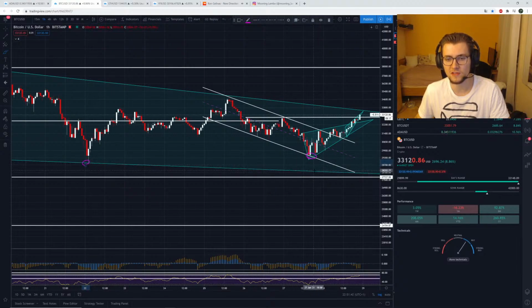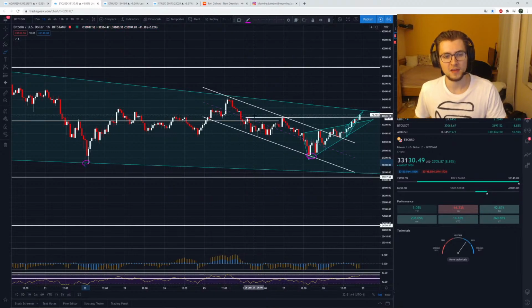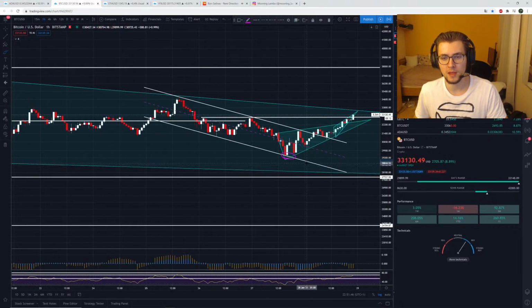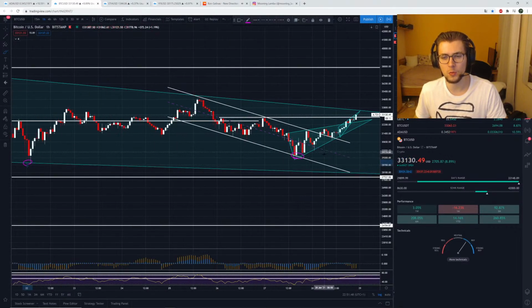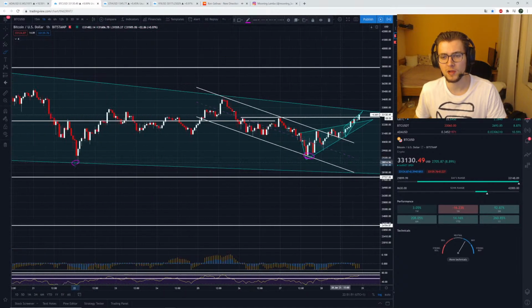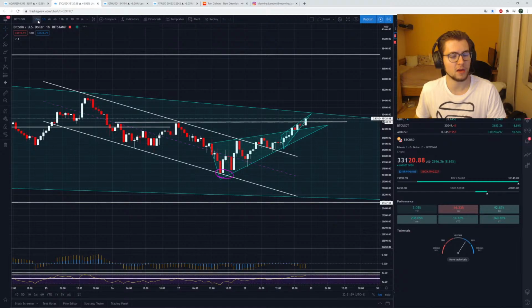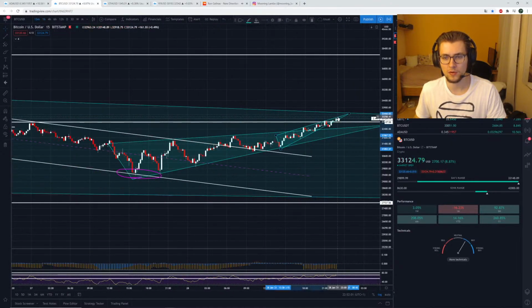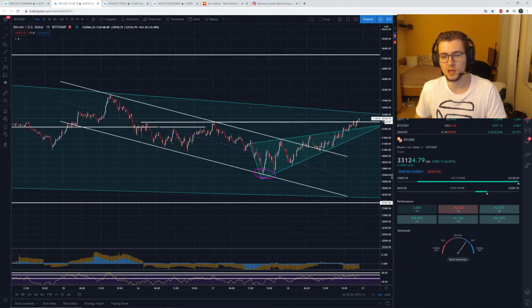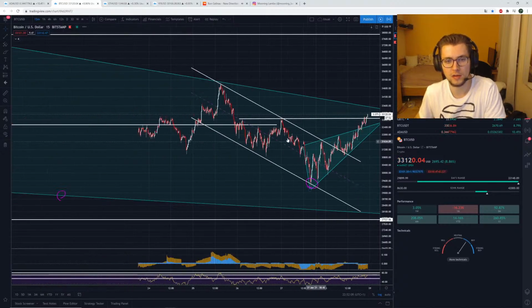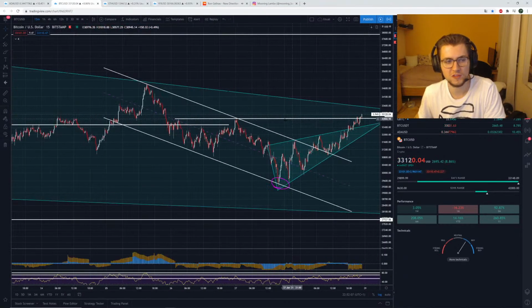I still was looking a bit lower, but as I said, we had support and we formed something like a very weird structure which played out as a rising wedge, and I thought this rising wedge was actually too bullish in order to break lower, and this is what happened afterwards. We broke out of it to the upside and are still rallying currently, actually above short-term resistance.